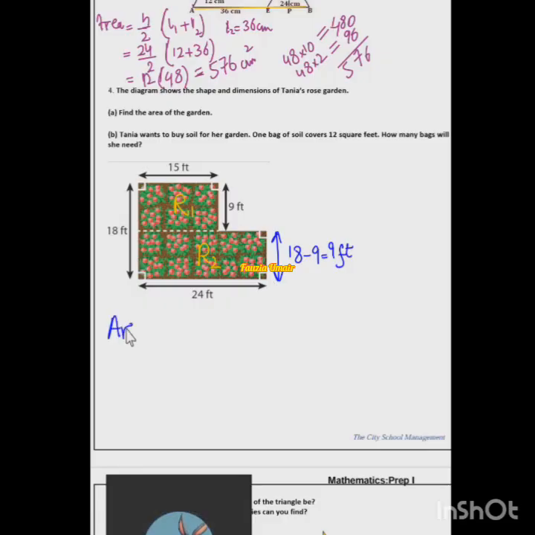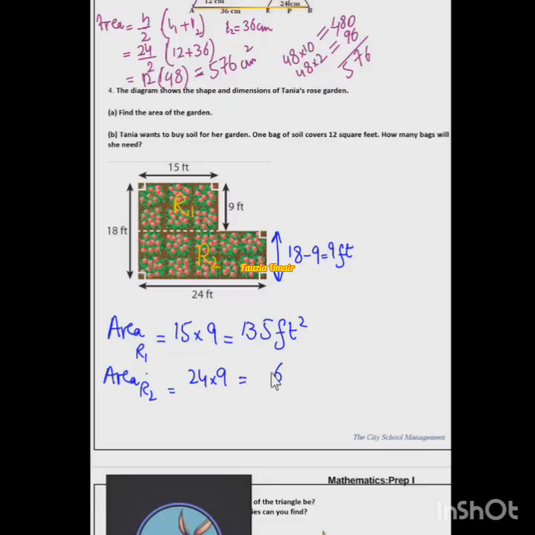Now we are ready. What would be the area of rectangle 1? 15 feet multiplied by 9 is 135 square feet. Now what is the area of rectangle 2? 24 multiplied by 9 is 216 square feet.